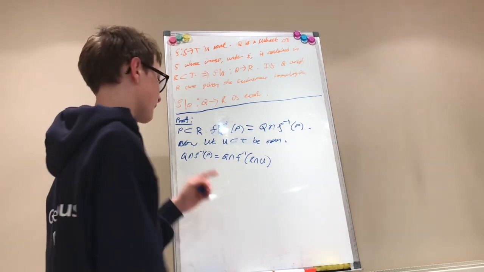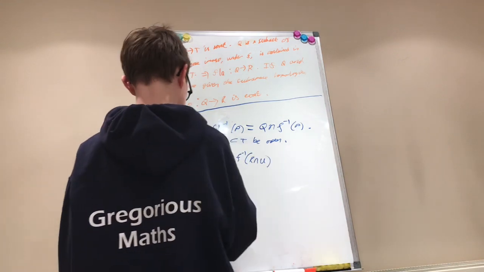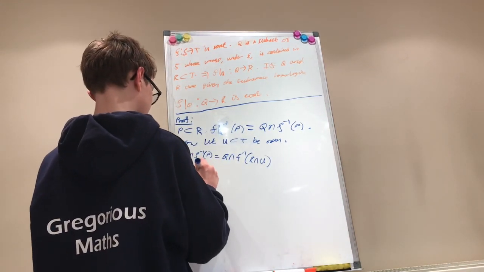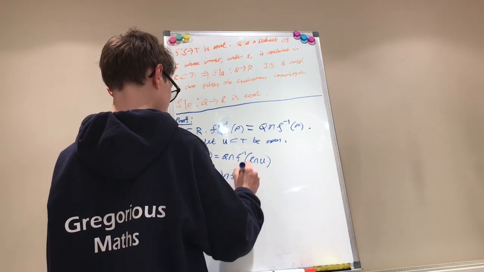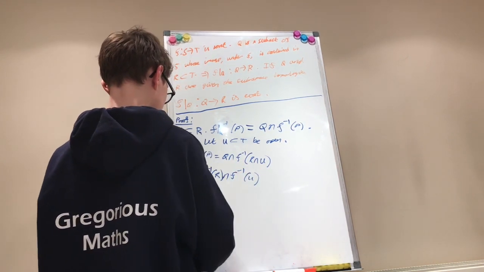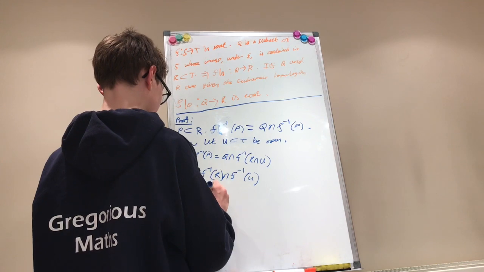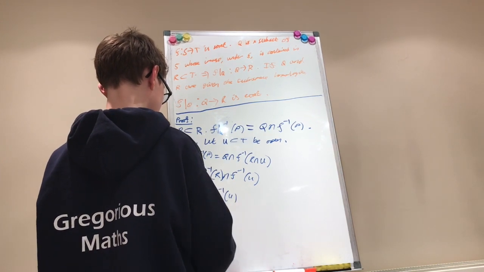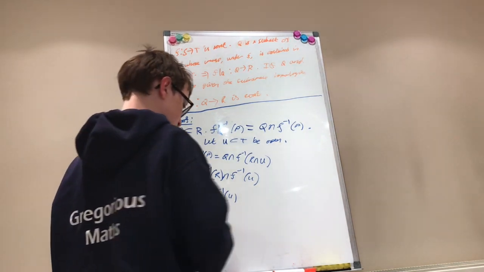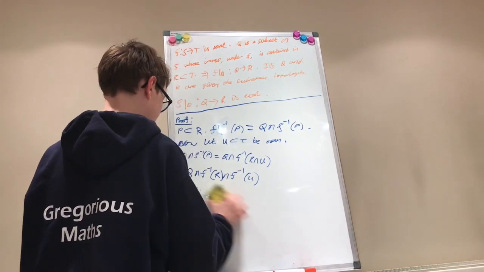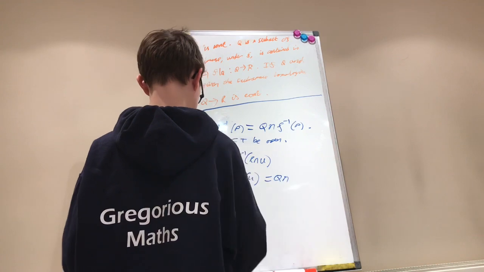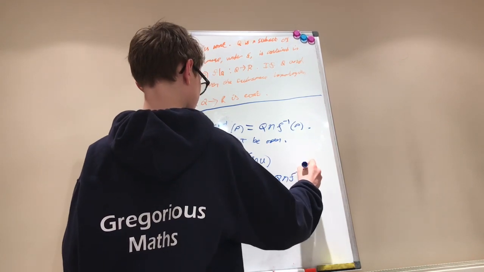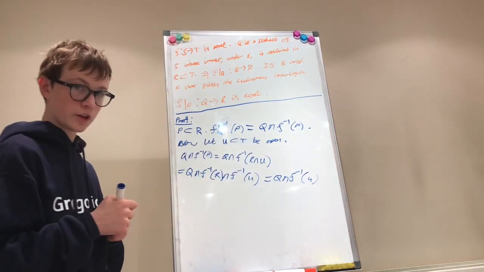Which equals Q intersect the preimage of R intersect the preimage of U, which equals Q intersect the preimage of U. Why? Well, let me write this on a new line: Q intersect the preimage of U. Why is that so?